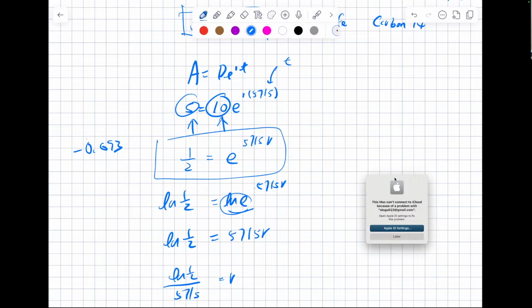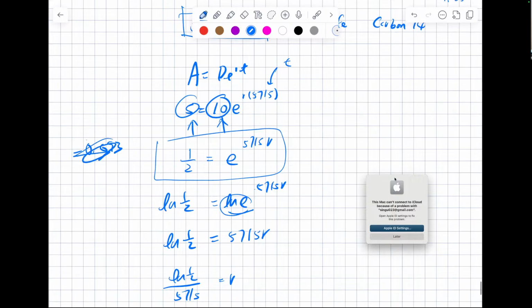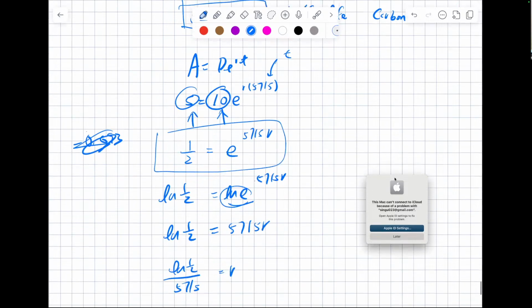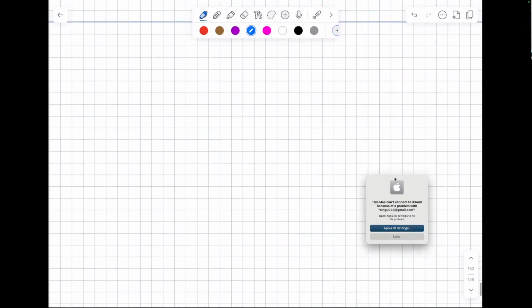Okay, so what we're going to do is figure out: you go to test something. For example, today we have some type of fossil, and this fossil has roughly 76% of the original carbon 14 left.